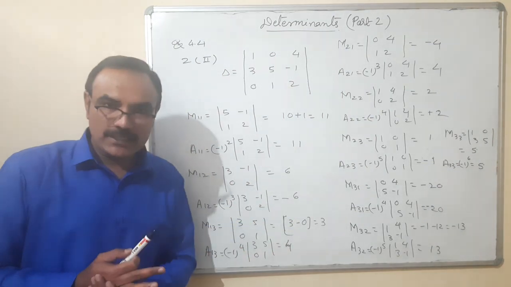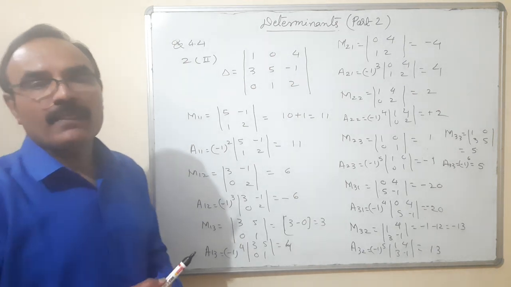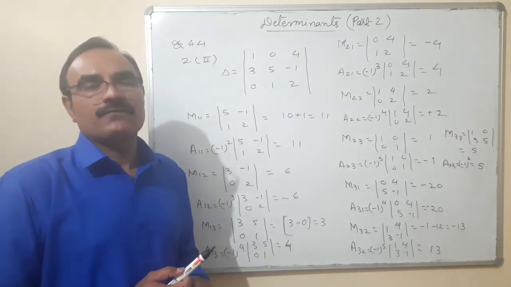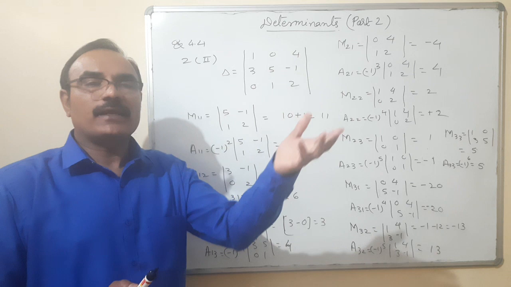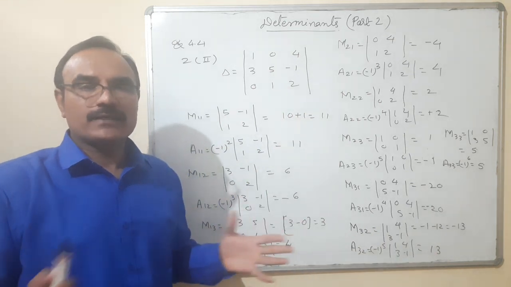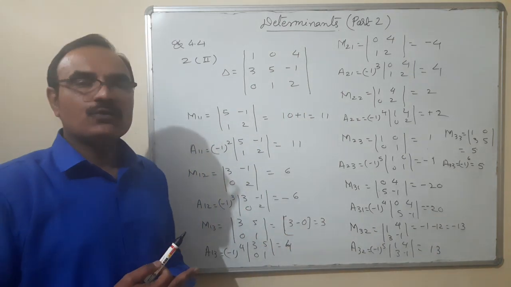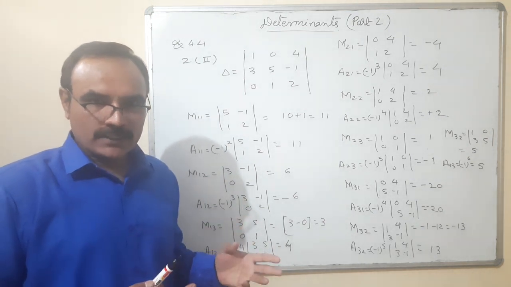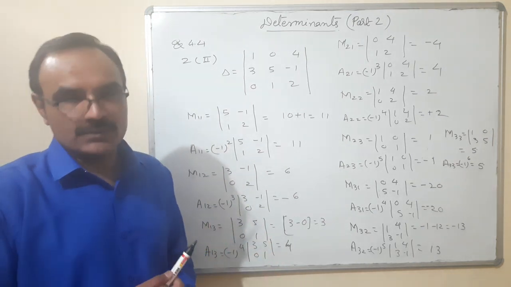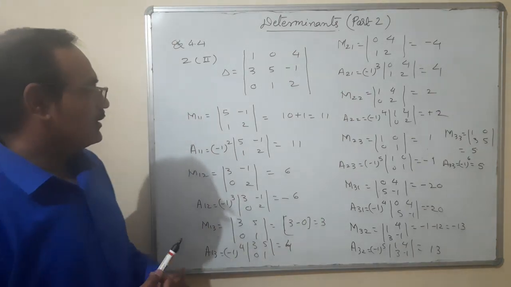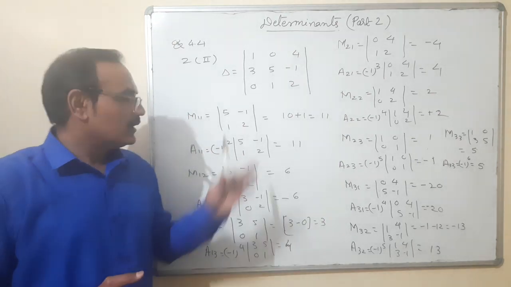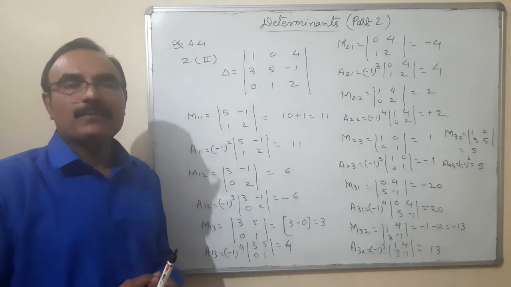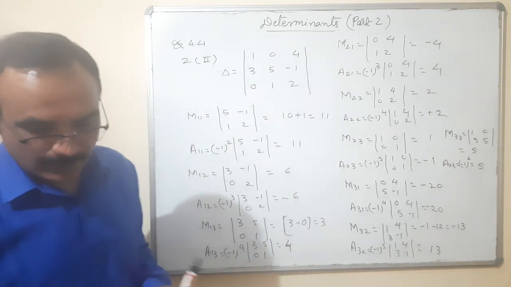So what is the difference between minors and cofactors? If minus 1 is raised to an even power, then the minors and cofactors are the same. But if minus 1 is raised to an odd power, then the cofactor has the same value but the opposite sign from the minor. So these are the ways by which we can find the minors and cofactors.